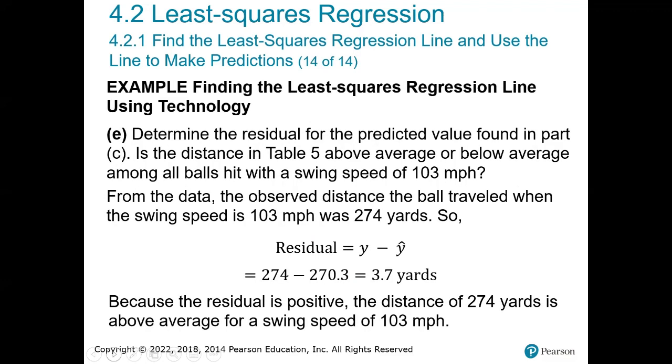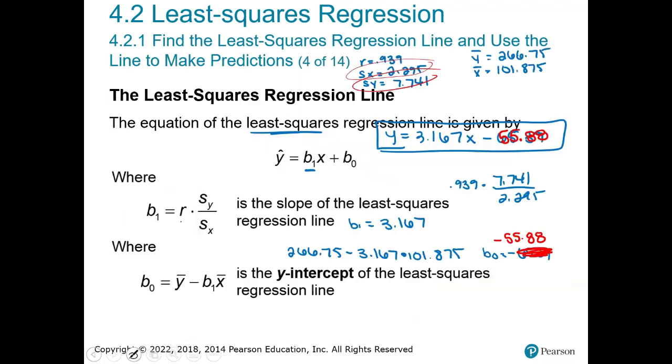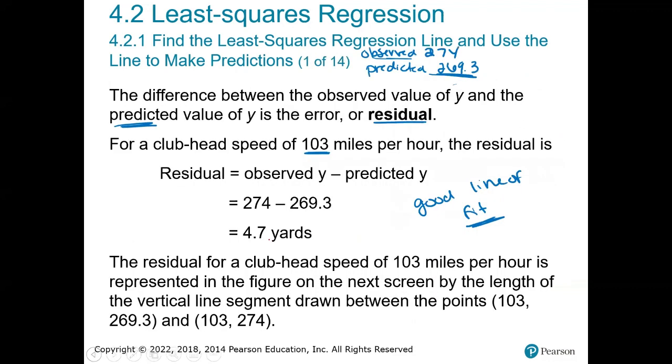Last thing we can do is determine a residual for the predicted value. So for 103, remember the exact was 274. Residual is taking the exact value minus what we got for our estimate according to our equation, which was 270.3. And now our residual is smaller, 3.7. When we did this by hand all the way back here, our residual was 4.7.